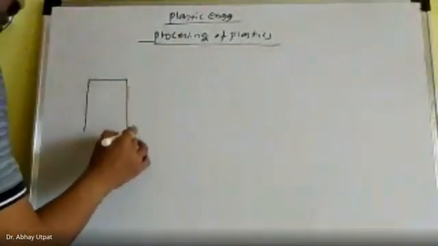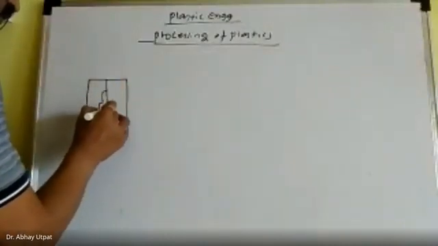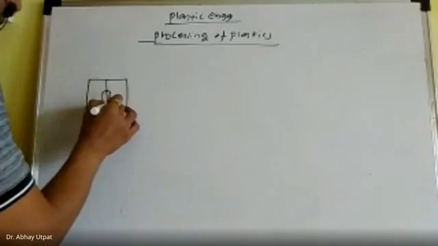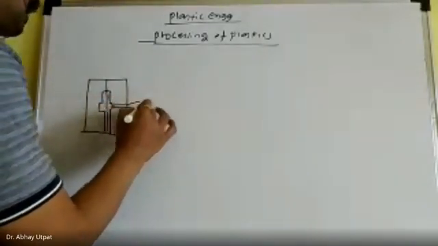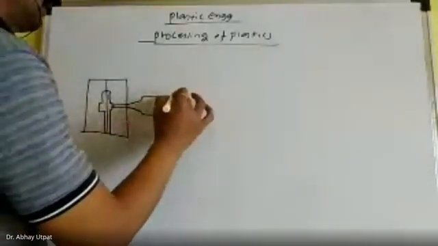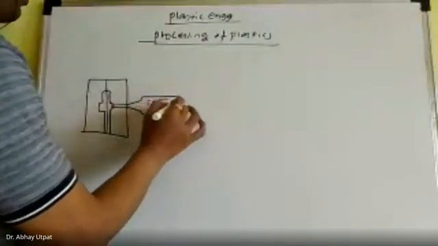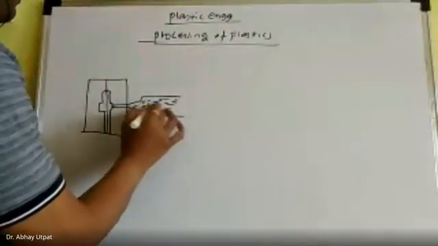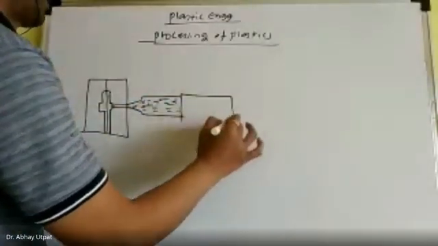This is your mold. Cavity of desired shape. This is the nozzle. This is molten plastic. This is the heating chamber.